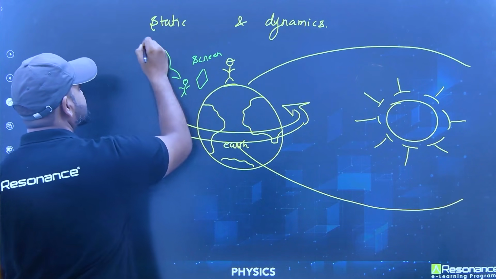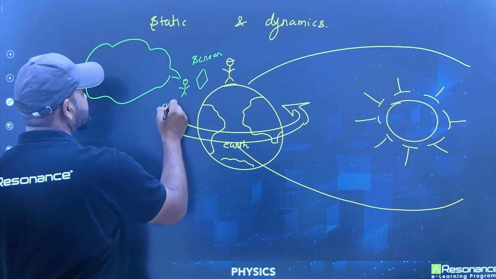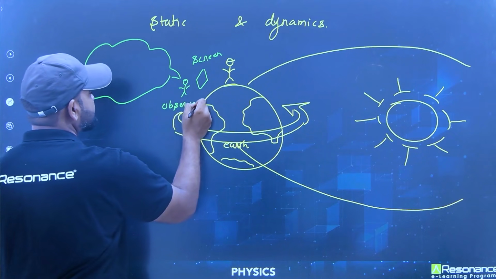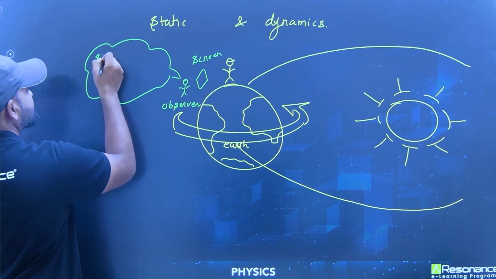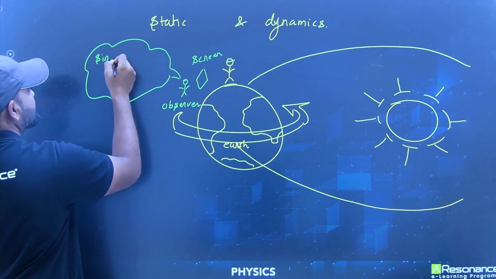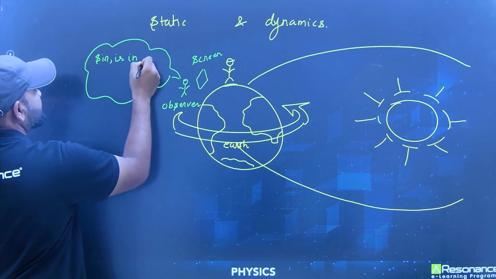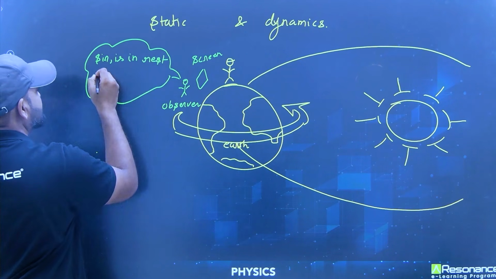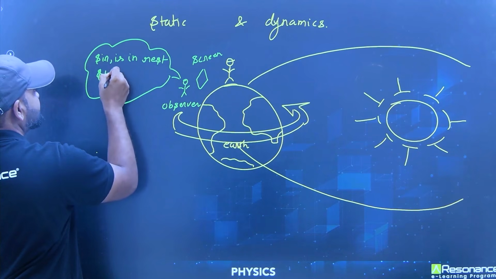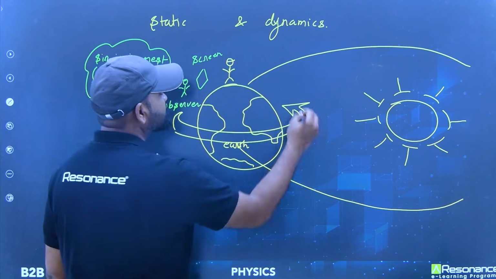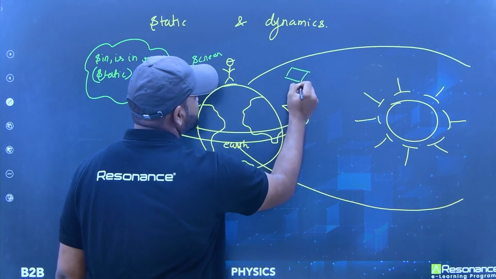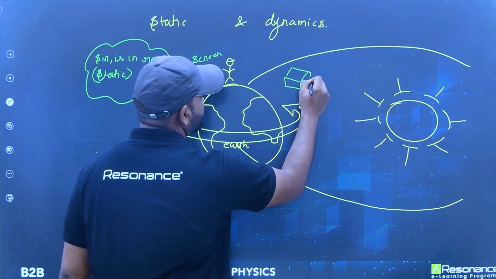It depends on what we call the observer, and the observer would be saying, sir is in rest condition, or should I say static. I was earlier, but any person who is somewhere here, what is that?